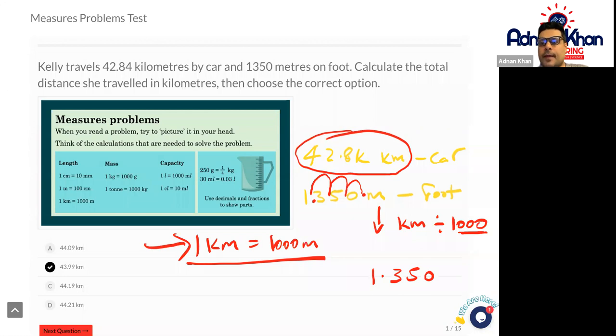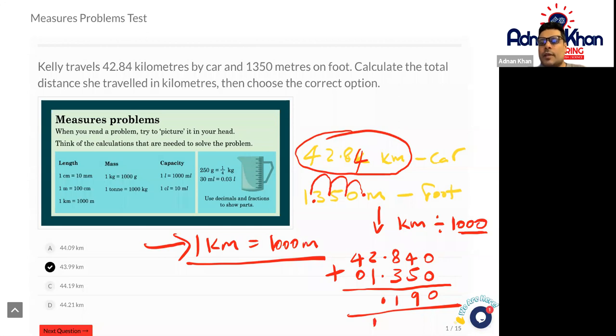Now let's add it onto the original number, which is 42.84. Let's make sure that the decimals are all aligned. And any gaps, just stick a 0. Let's just add these two measurements up now. So 0 add 0 is 0, 5 add 4 is 9, 8 add 3 is 11. So 1 goes there, 1 is carried forward.